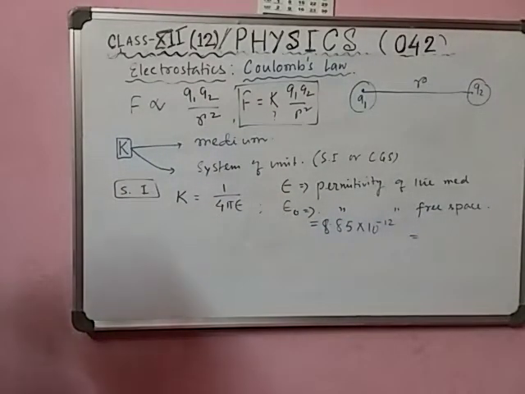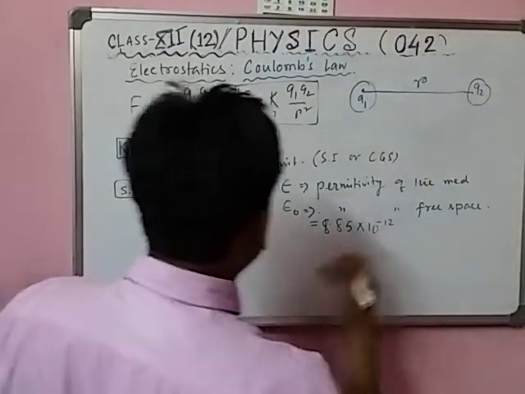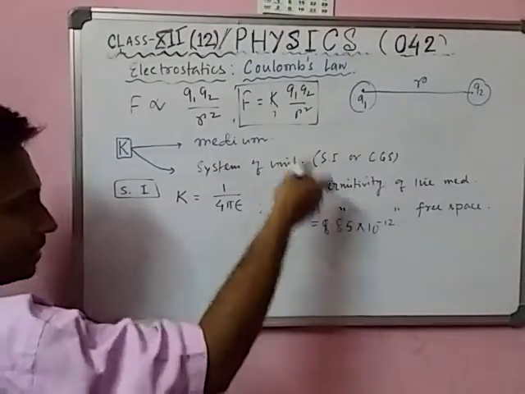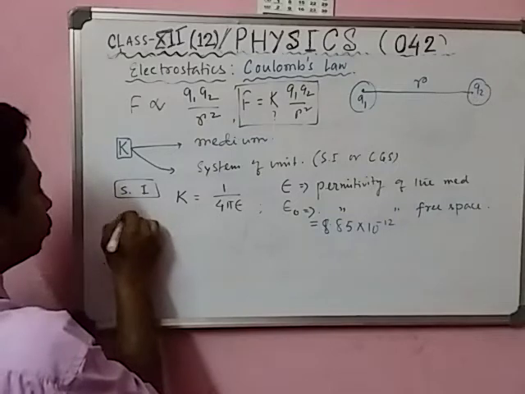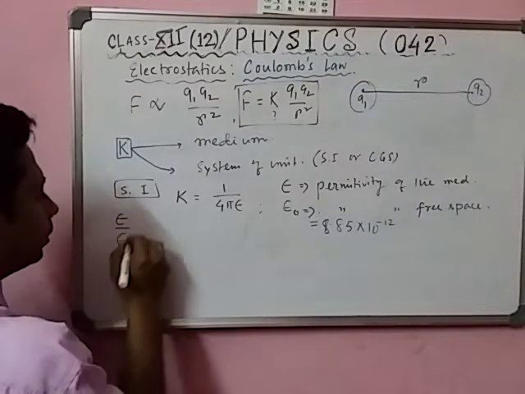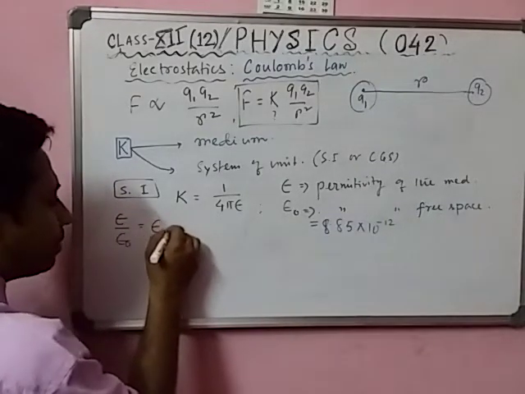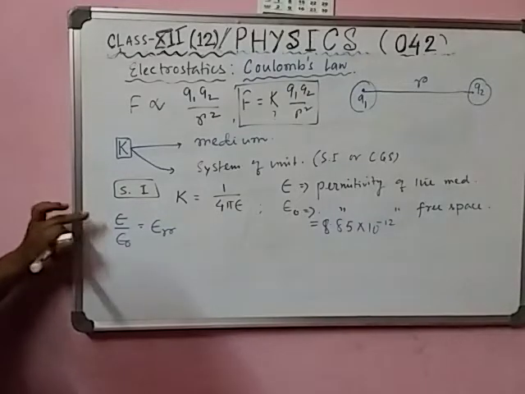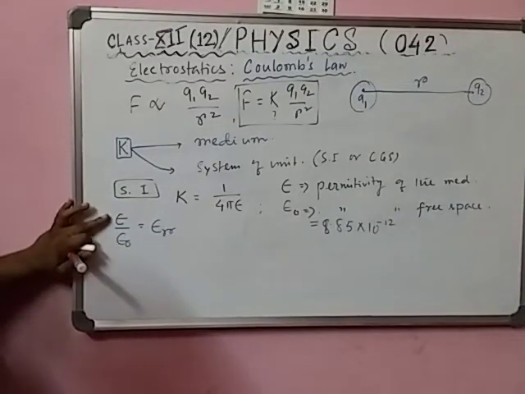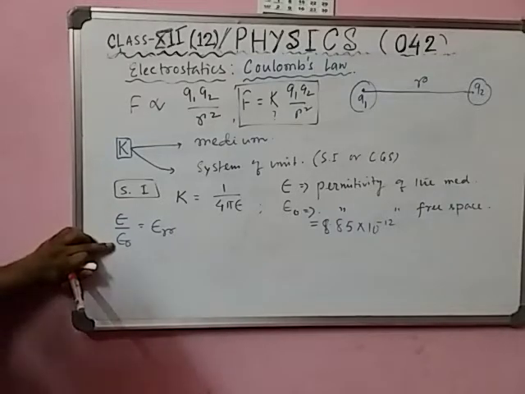There is another thing, which is called relative permittivity. If you divide epsilon by epsilon naught, it is called relative permittivity. Epsilon means the permittivity of the medium, and epsilon naught means that of free space.